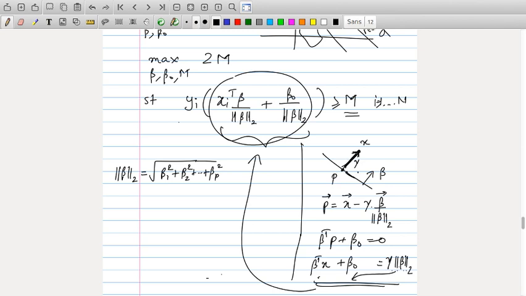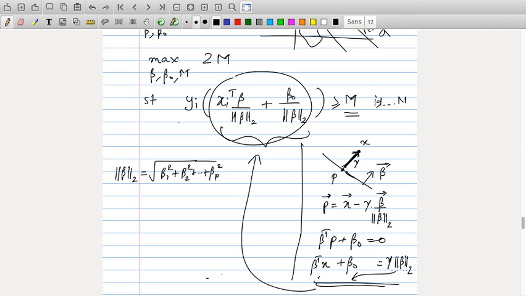I'm relating those two because I know that the normal to the plane is the beta vector itself. If a hyperplane is defined using the beta vector, then the beta vector is going to be normal to it, normal as in just perpendicular. And we only care about the distance, right? The margin is like a distance of a point to that plane. So beta is capturing that direction.